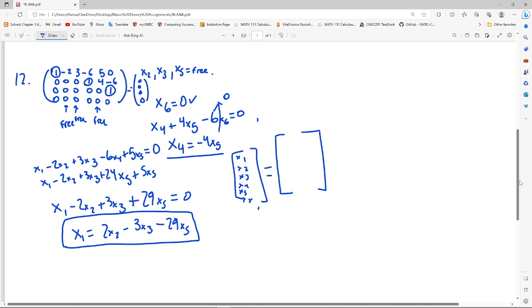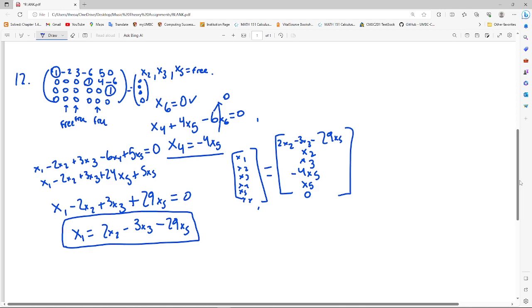So x1 is equal to 2x2 minus 3x3 minus 29x5. x2 is free, so that's just equal to x2. x3 is free, so that's just equal to x3. x4 is equal to negative 4x5. x5 is free. And then x6 is equal to 0. So this is what we have here.